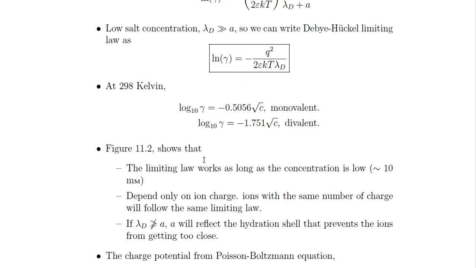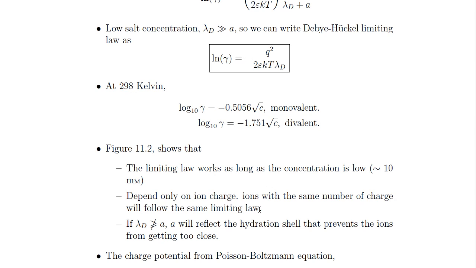We can refer to figure 11.2. The limiting law works as long as the concentration is low, and it depends only on ion charge. Ions with the same number of charge will follow the same limiting law.